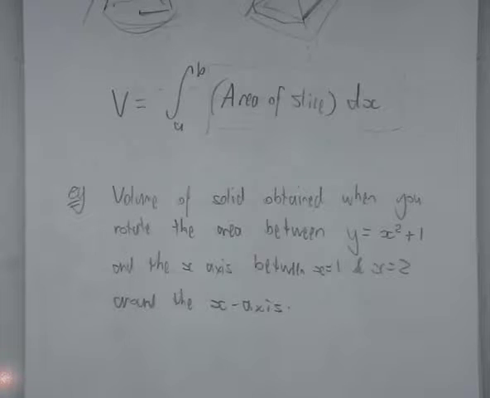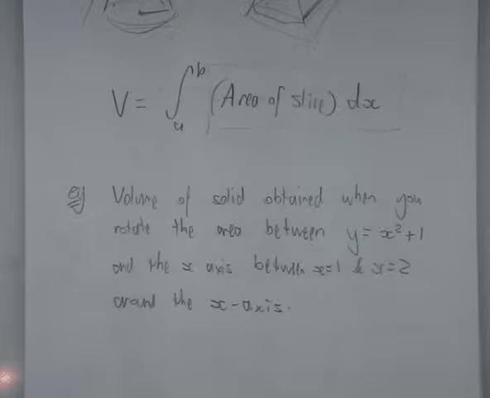Did you just lose picture? No. Okay. Volume of the solid obtained when you rotate the area between y equals x squared plus 1 and the x-axis between x equals 1 and x equals 2 around the x-axis. Awesome. That's probably not a very grammatically correct sentence, but it'll do for now.